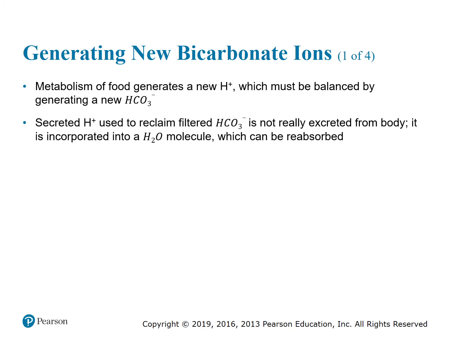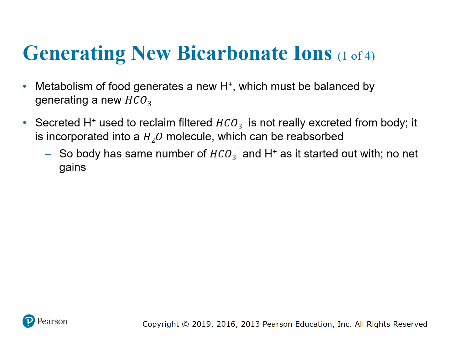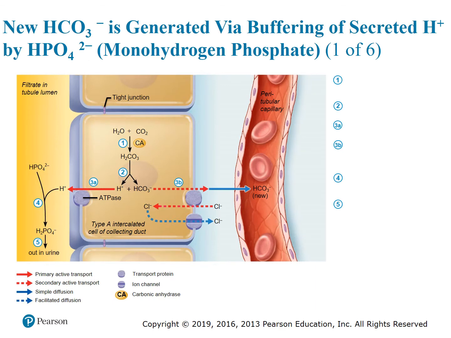It gets incorporated into an H2O molecule. So if you'll recall from that very last slide, you had hydrogen combining with bicarbonate to form carbonic acid, which split into CO2 and H2O. Now that H2O can be reabsorbed. And what it means in practical terms is that the body has the same number of bicarbonates and hydrogens that it started out with, and you don't have any net gains.